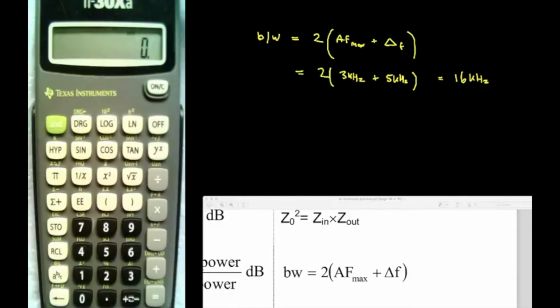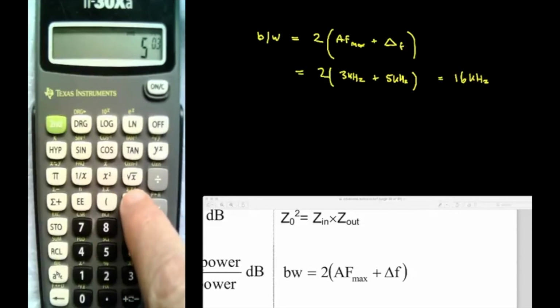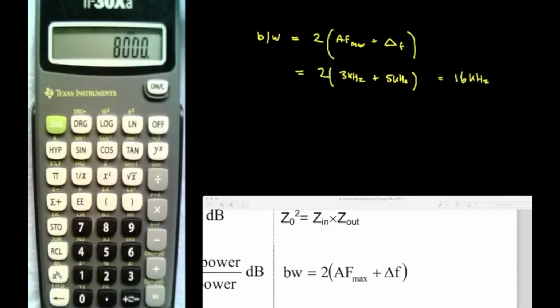Let's do that on the calculator using the brackets. We can say 2, open bracket, 3 EE3 plus 5 EE3, close brackets, equals.